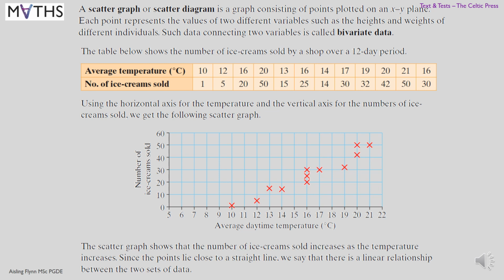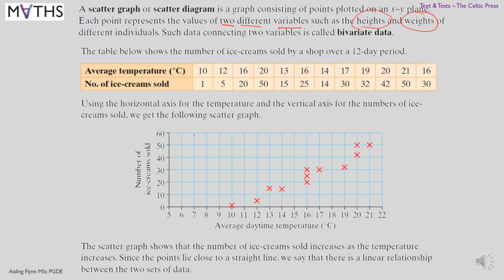In this example, a scatter graph or scatter diagram is a graph consisting of points plotted on an xy plane. So you have a horizontal and a vertical axis. Each point represents the values of two different variables, such as heights and weights.